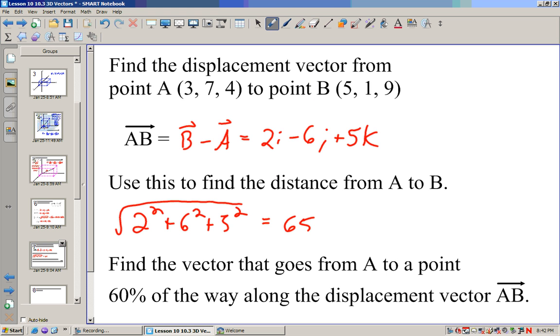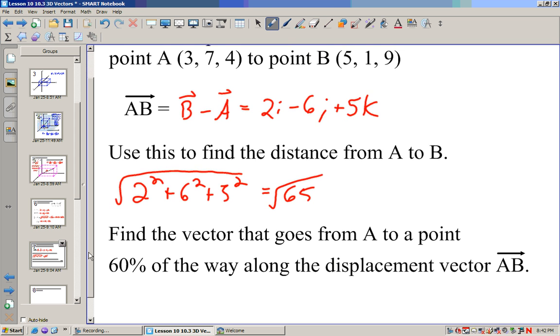Now, the square root of 65 I don't think can be taken. So the square root of 65 is just the square root of 65. And if you want to know an approximate decimal, square root of 64 is 8, so this has got to be just a little bit above 8.